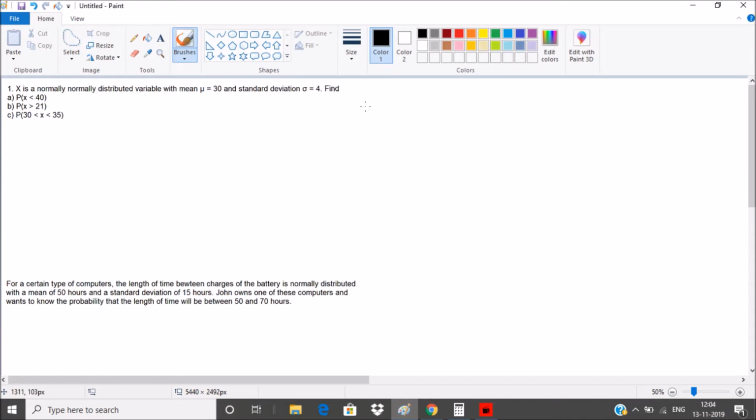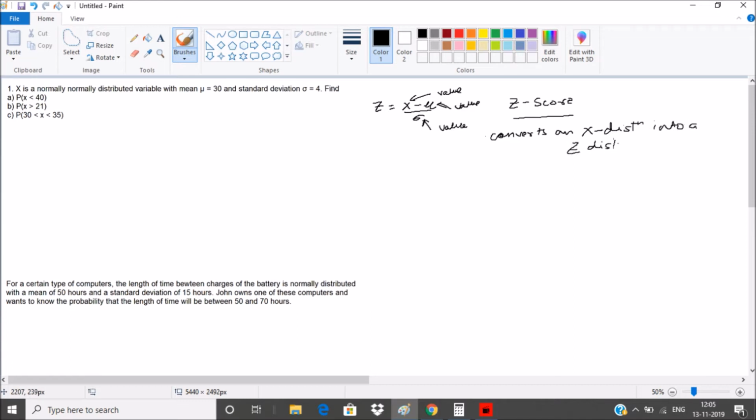If you recollect, we talked about a formula which is Z is equal to X minus mu upon sigma in the last video, right? So what essentially you need is an X value, a mu value, and a sigma value. You need all of these to get a z-score, and if you recollect, a z-score converts an x distribution into a z distribution with mean 0 and sigma 1, right?